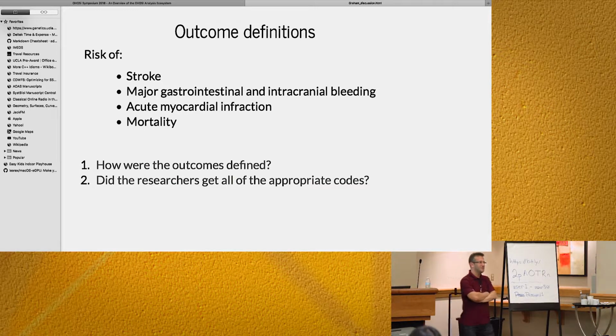What assurances do they have that they have all of the appropriate codes in their specific data that might represent these events? There's a precedent. How do they talk about their outcome definitions? They said adapted from a different article.